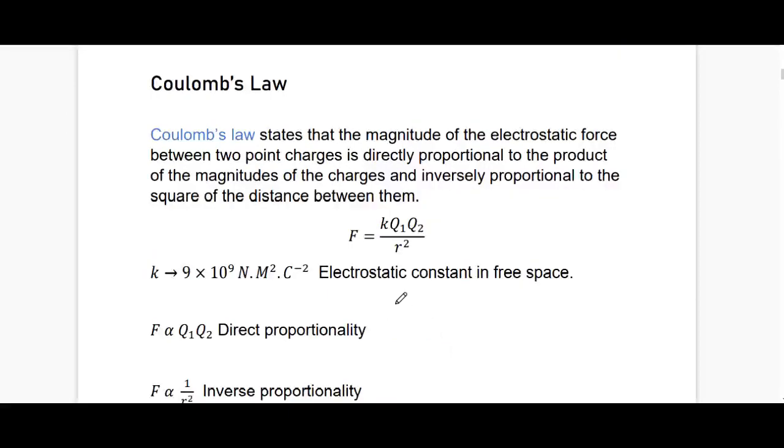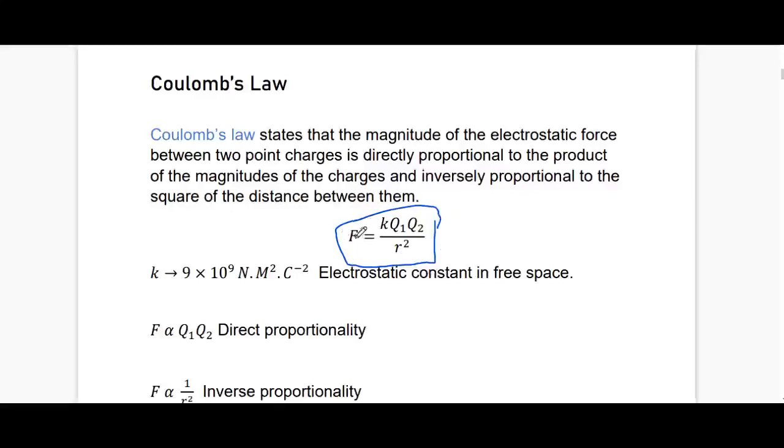Coulomb's law states that the magnitude of the electrostatic force between two point charges is directly proportional to the product of the magnitude of the charges and inversely proportional to the square of the distance between them. It is defined by that formula, as you can see.